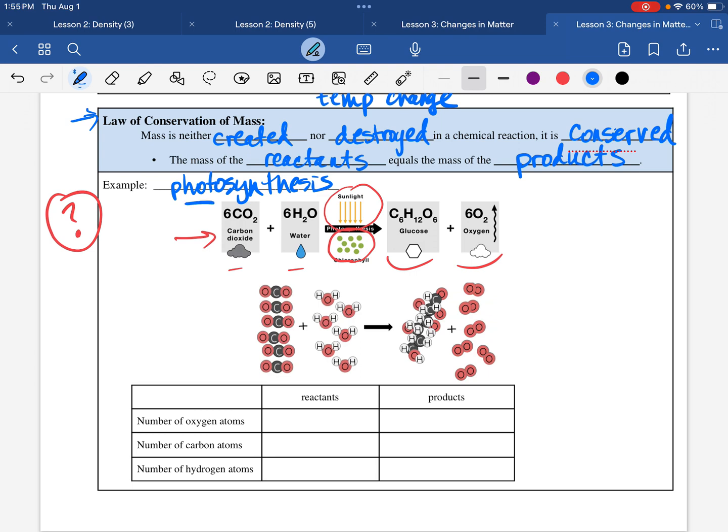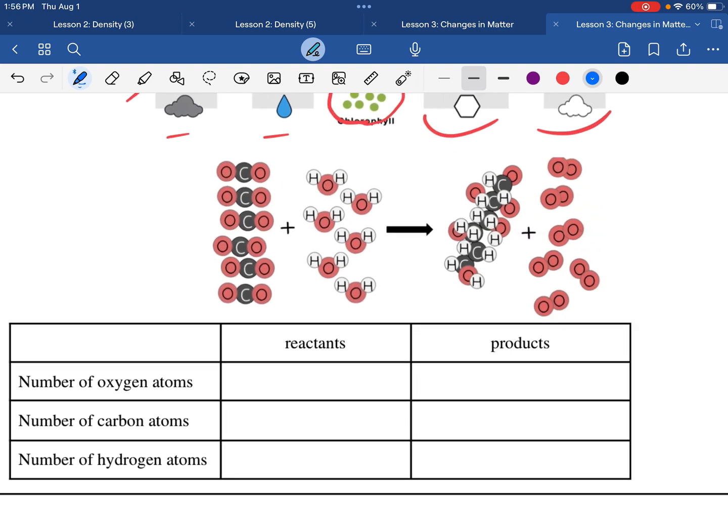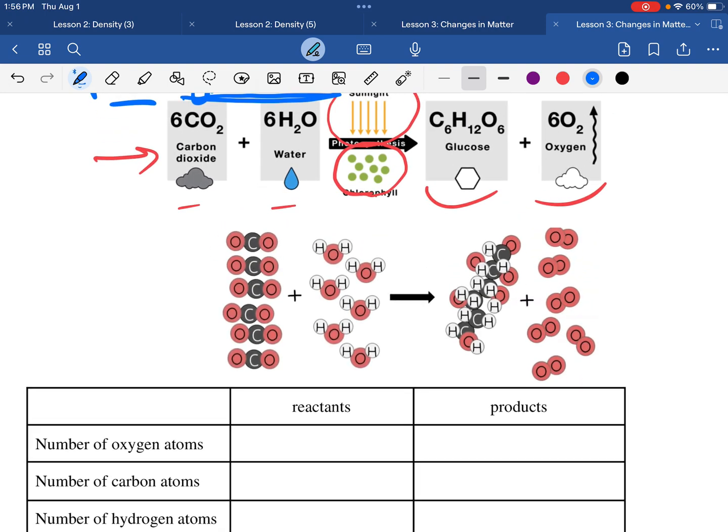Photosynthesis. Photo meaning light, synthesis meaning putting things together, building, synthesizing. So it's taking smaller molecules, carbon dioxide, and we can see here's 6 carbon dioxide molecules, right? 1, 2, 3, 4, 5, 6. That's this number here, 6, and 6 waters.